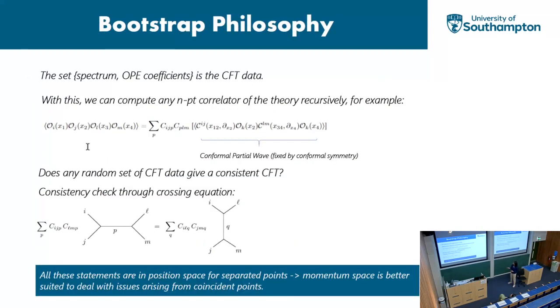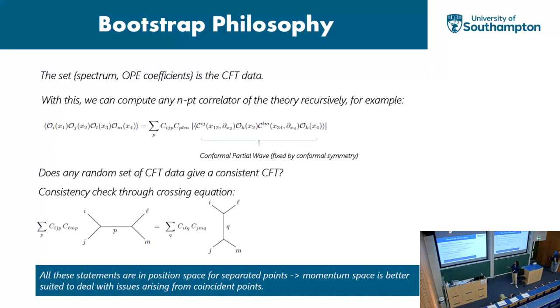Now, the set of the spectrum and the OPE coefficients is what we call the CFT data. And given the CFT data, we can operationally compute any n-point function of the theory recursively. For example, if we have this 4 point correlator, we can take the first 2 operators and apply the operator product expansion.